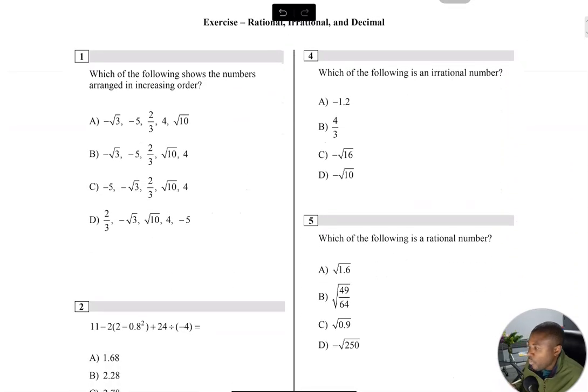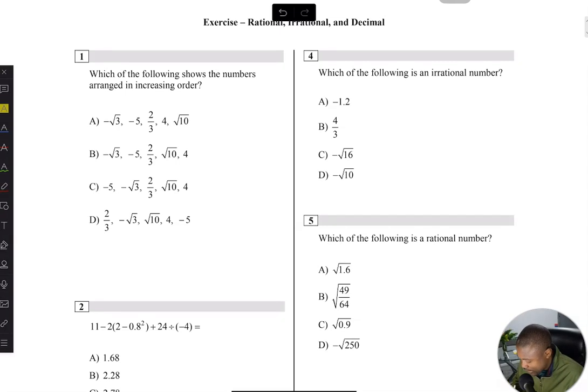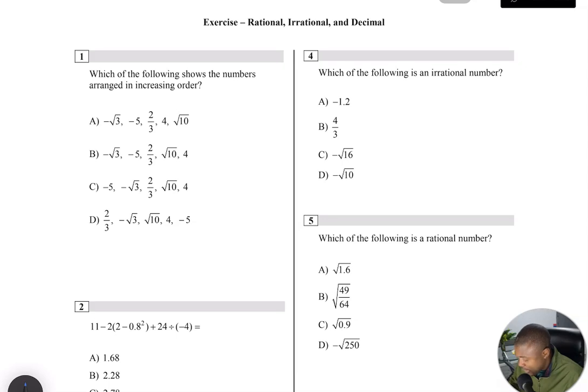Okay. So number 1, which of the following shows the numbers arranged in increasing order? When you have any question like this, look for one or two elements among the numbers listed that violate the principle of increasing, right? For instance, if you look at this now, you can tell that the least among all the numbers is -5.